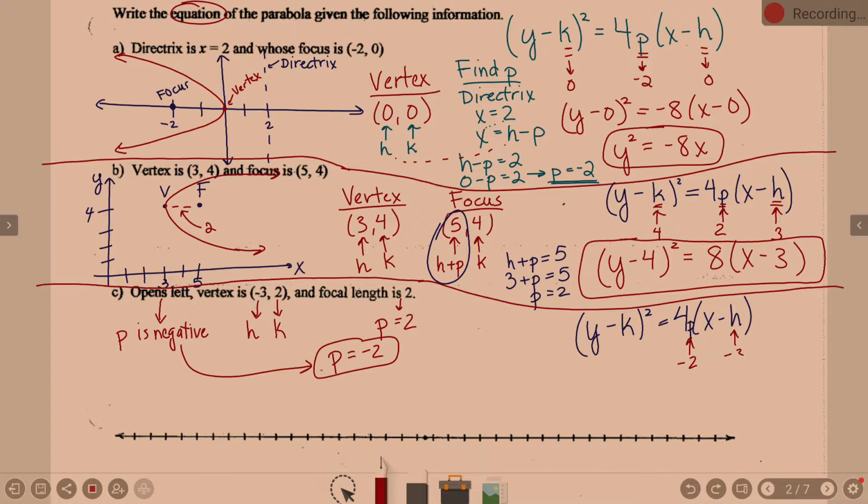We know H is negative 3. And we know K is 2. Write your equation. Y minus 2 squared equals negative 8 times x minus negative 3, which means I'm really going to write x plus 3.